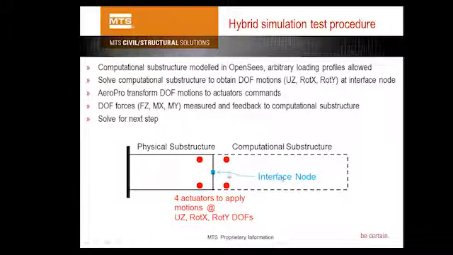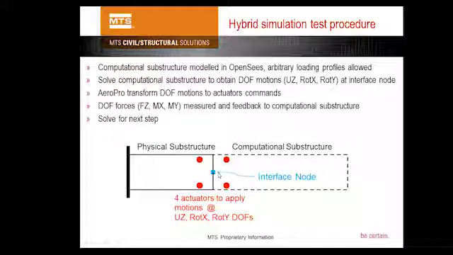So FEA is going to solve, and we are doing 3 degrees of freedom here: UZ, which is the vertical, and the bending about the 2 horizontal axes, rotational X and rotational Y. Because we have only 4 actuators, we can only apply those 3 degrees of freedom. So FEA is going to solve for UZ and rotational X and Y.